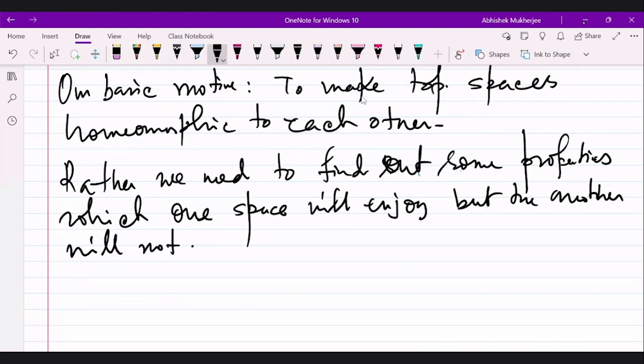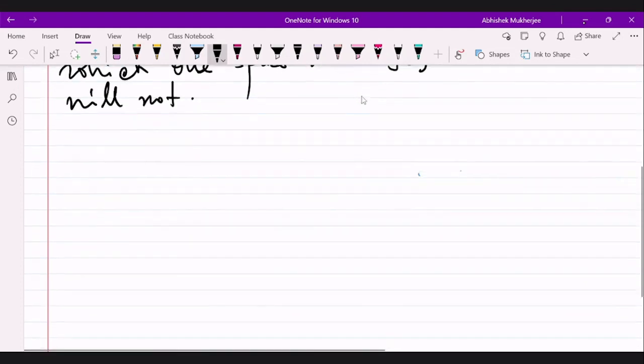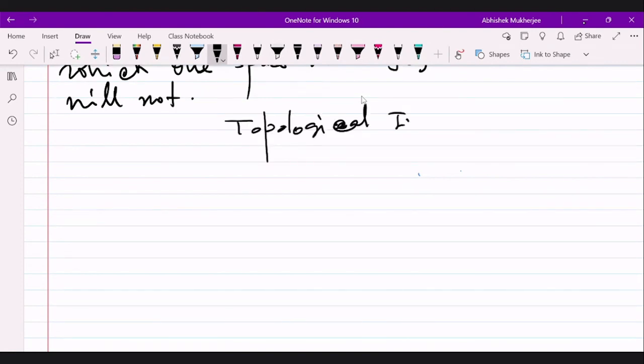With this you can say that these two spaces will not be homeomorphic. And these properties are commonly known as topological invariants.